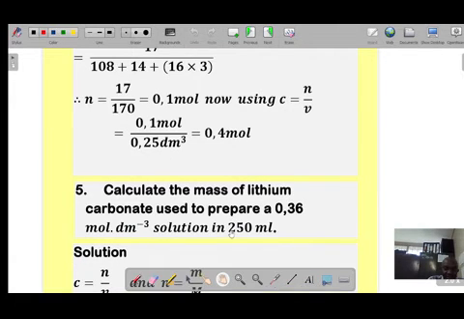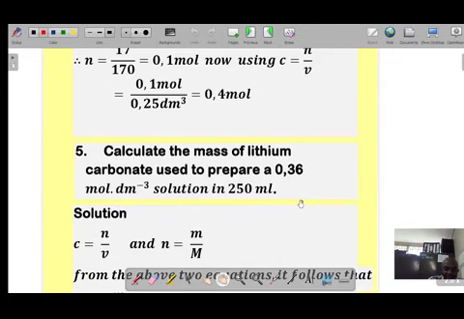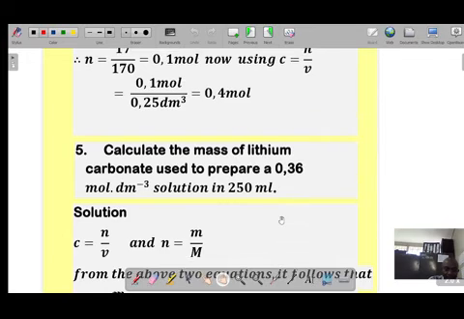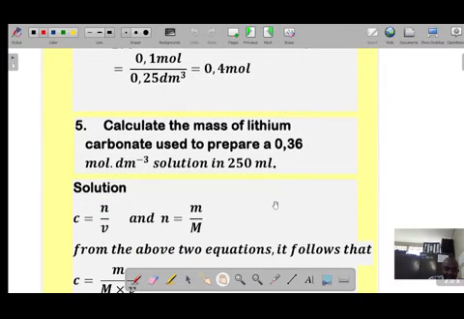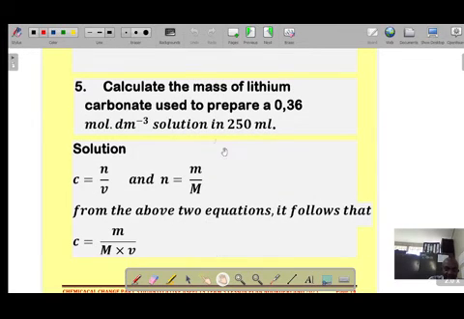Let us proceed. Calculate the mass of lithium carbonate used to prepare a 0.36 moles per decimeter cubed solution of 250 mils of water solution. So I want the mass again, ne? They gave me the concentration and the volume.